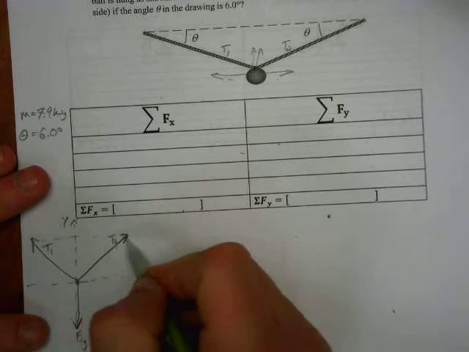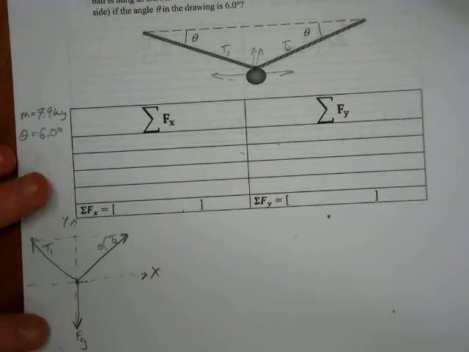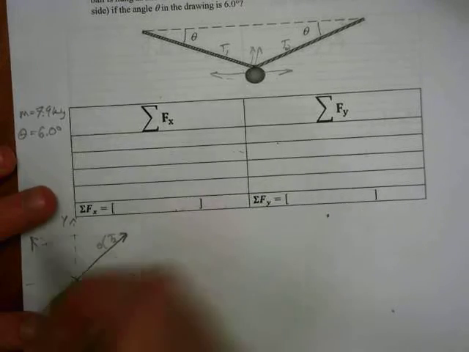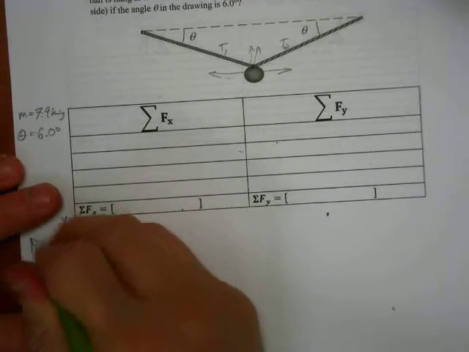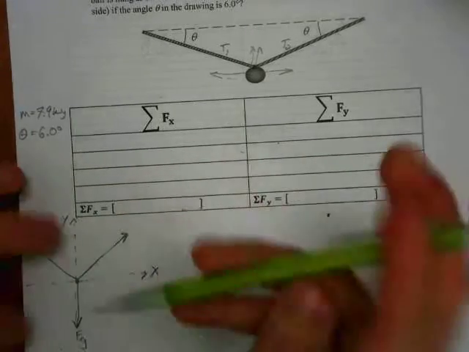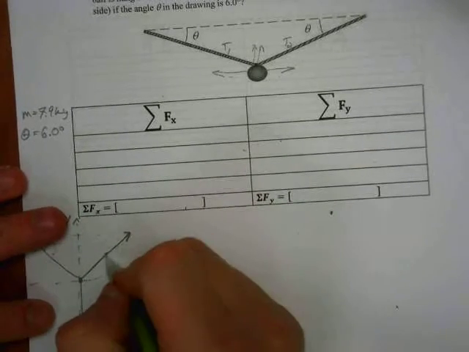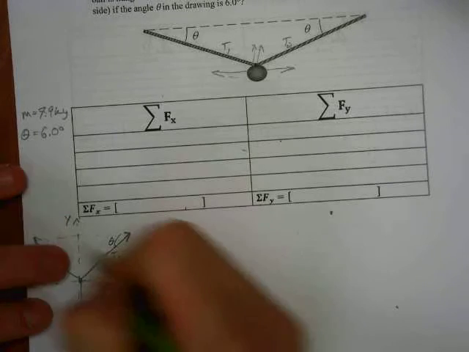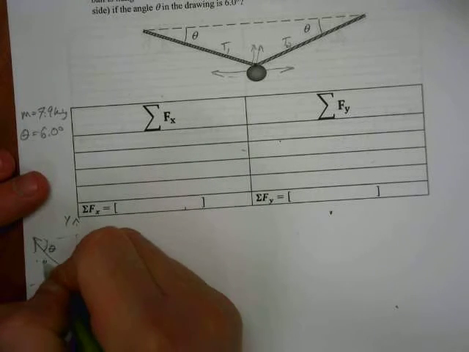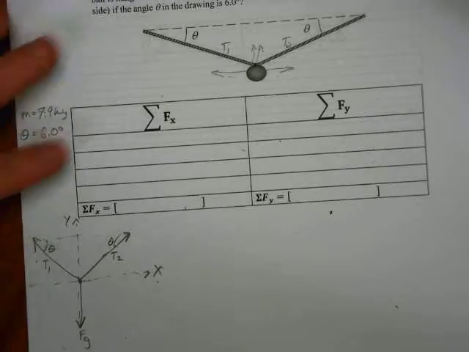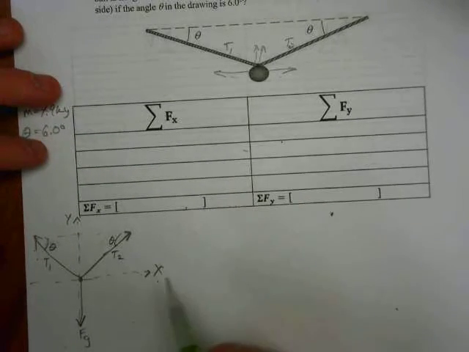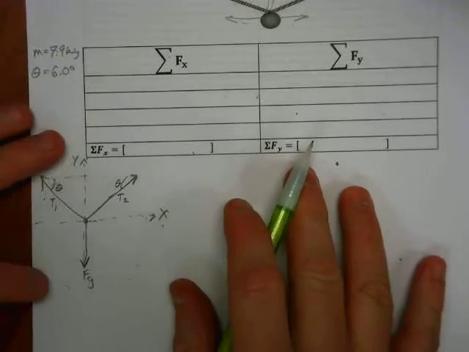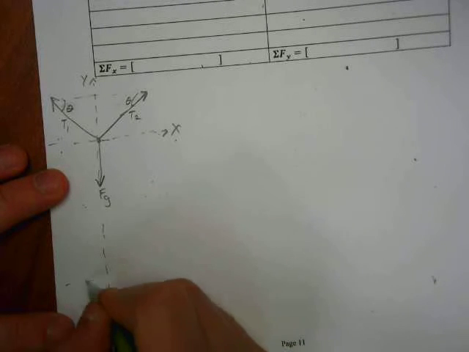Now what are the angles? Well, this is theta, so we can just work with that. I'm actually going to move the tension labels so I can fit theta in there. Now you could calculate this other angle here if you want to use that, but why bother? All right, so I'm going to draw another free body diagram.